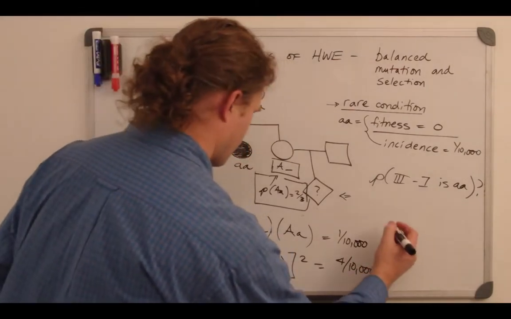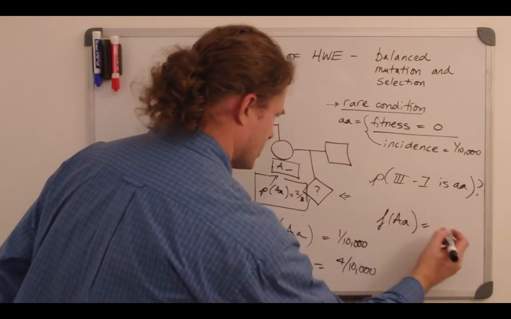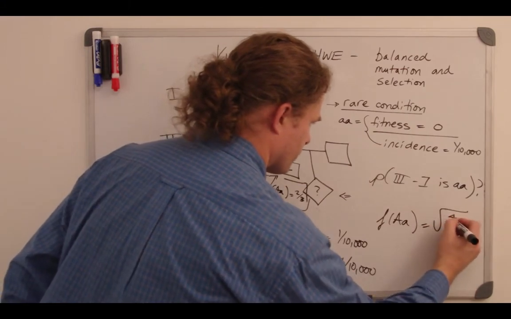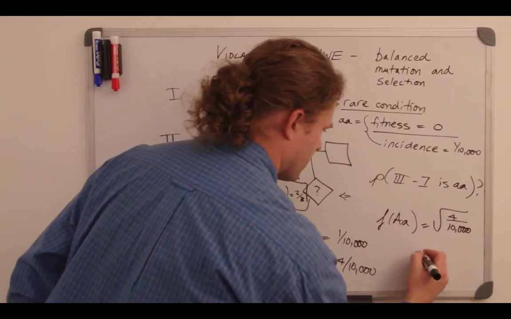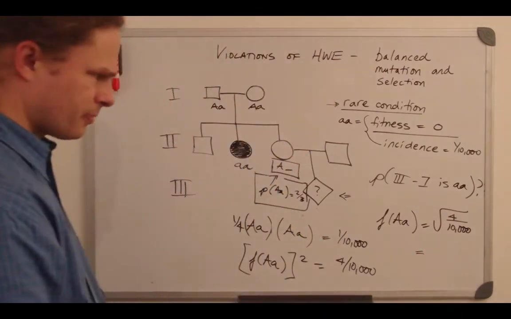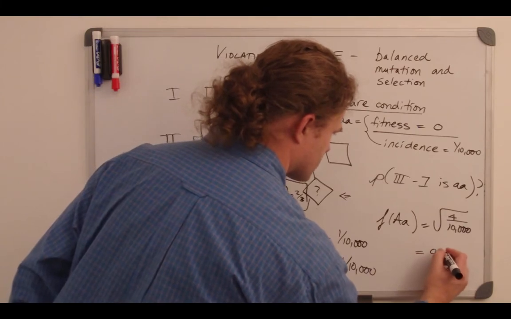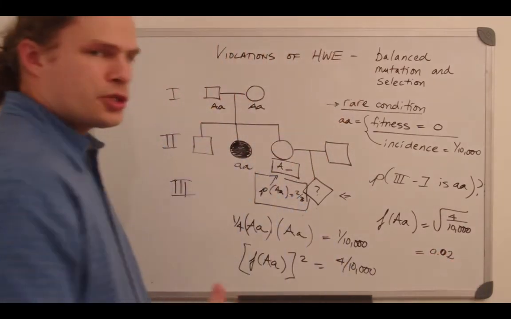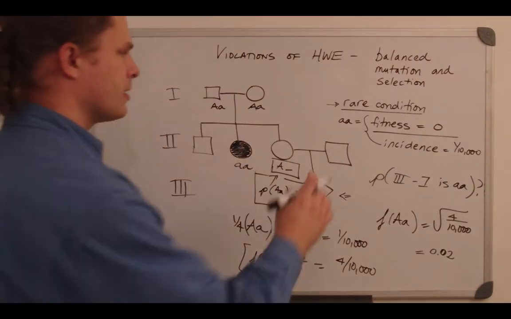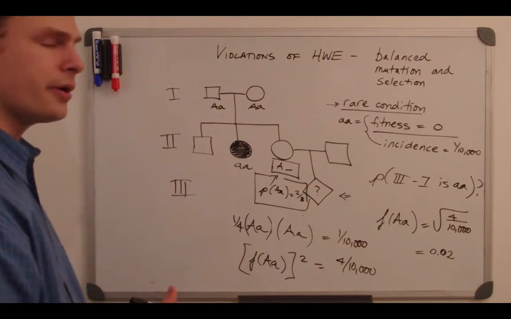If we carry that further, that simply means that the frequency of the heterozygous class is equal to the square root of 4 divided by 10,000. If you work all that through, you should find that the frequency of the heterozygous class is 0.02. So now there's actually a 2% probability that this individual is a carrier.